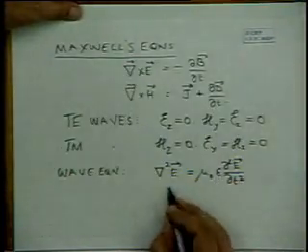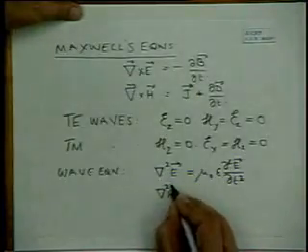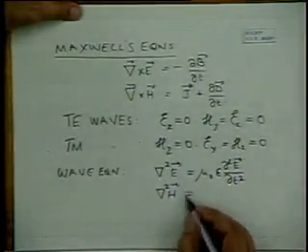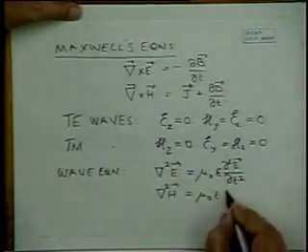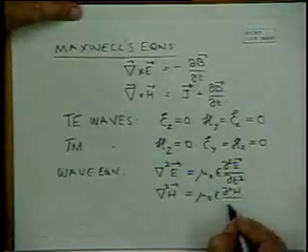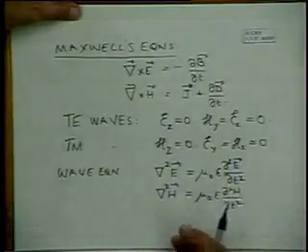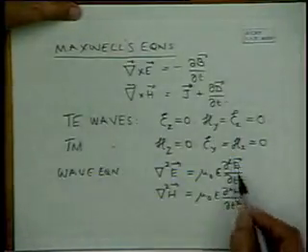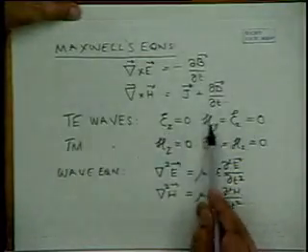Similarly, we have the relation for the time-varying magnetic field, mu 0 epsilon delta squared H by delta t squared. Okay. So we want to solve these equations with the condition that some of the components are 0.